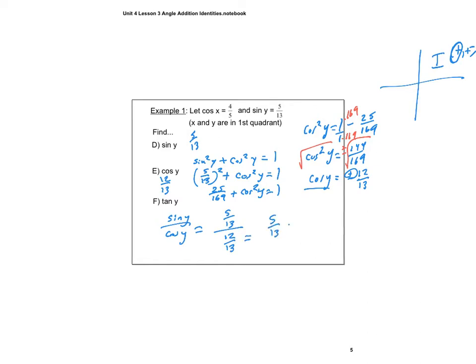So then we can change this into a multiplication problem. 5/13 divided by 12/13 is the same thing as 5/13 times the reciprocal of what's in the denominator. So I can flip that 12/13 to be 13/12. And then I can reduce these because 13 goes into the 13s once each. Multiply the numerators, multiply the denominators, and we get 5/12.